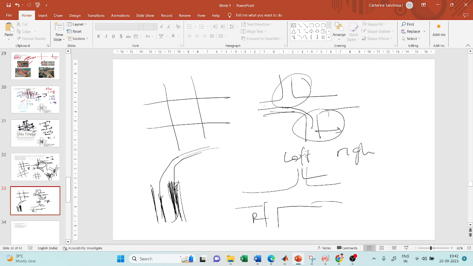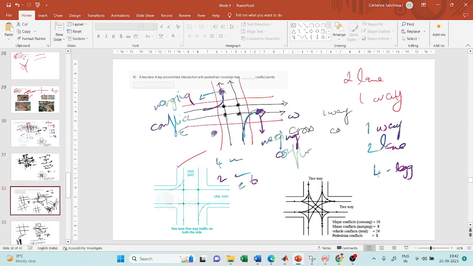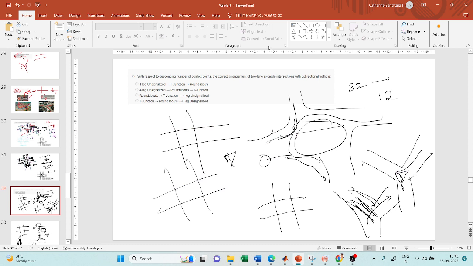So if you come back to the question: arrange them in the descending order of conflict points. A four-legged unsignalized intersection has the maximum number of conflict points. So options 2, 3 and 4 have already been ruled out.